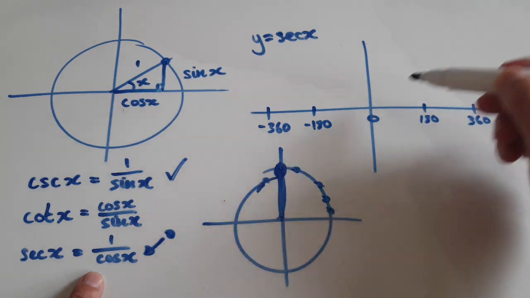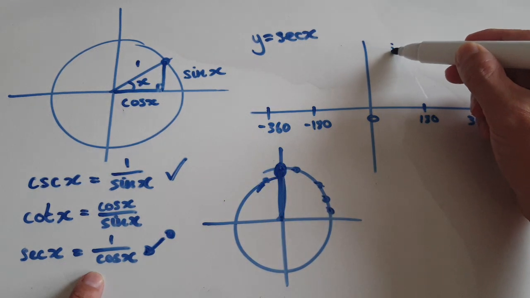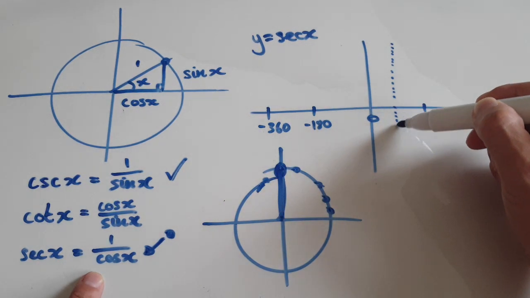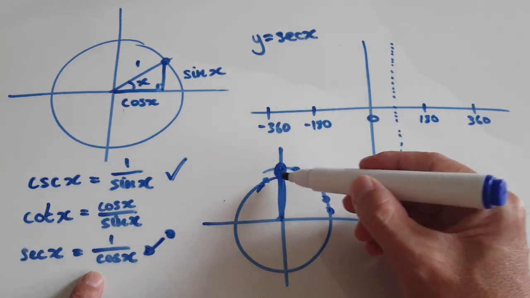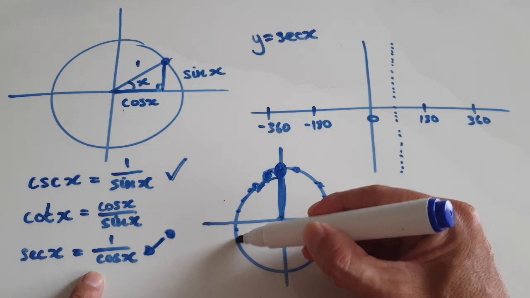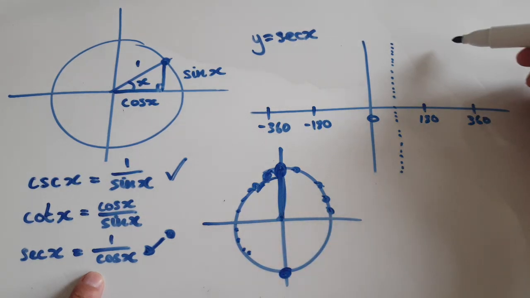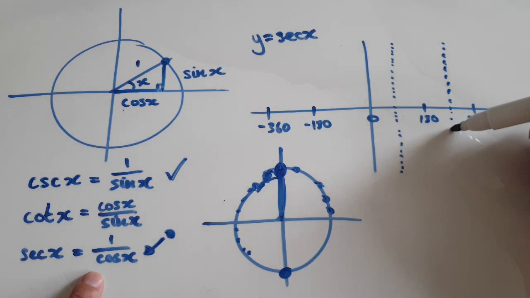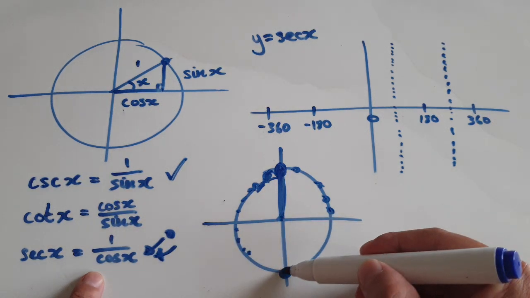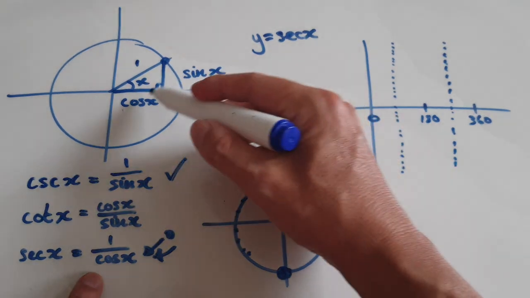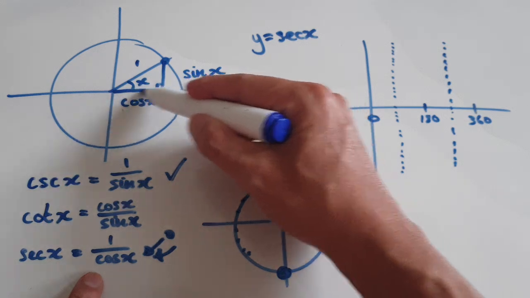So dead on 90, you know it breaks down. So at 90, which is somewhere around here, you know there's going to be a gap. And then as the dot moves around, by the time it gets to 270, you know you're going to divide by 0 again. But when the dot is here, there is no width on the triangle, on the base of the triangle.